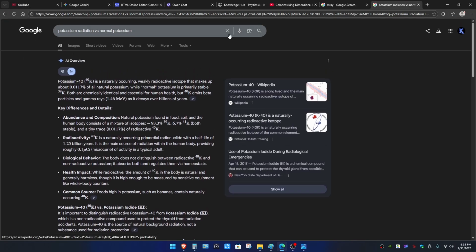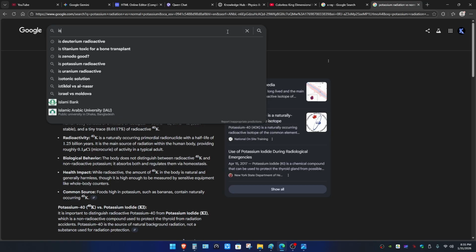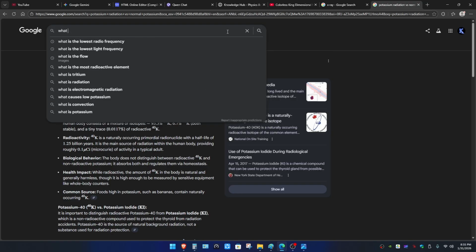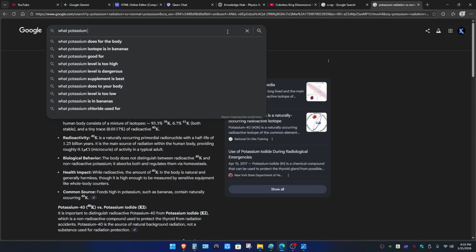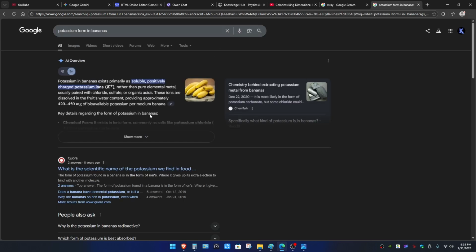So if we look at the data, what form is potassium in banana? Potassium in banana exists primarily as soluble, positively charged potassium ions rather than pure elemental potassium, such as potassium chloride, potassium sulfate, or organic forms, something like that.